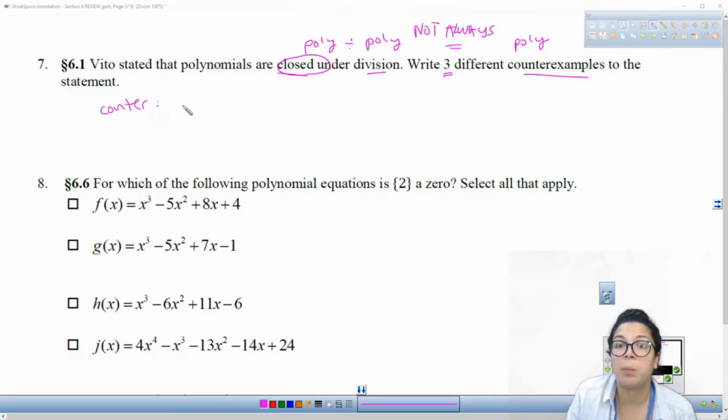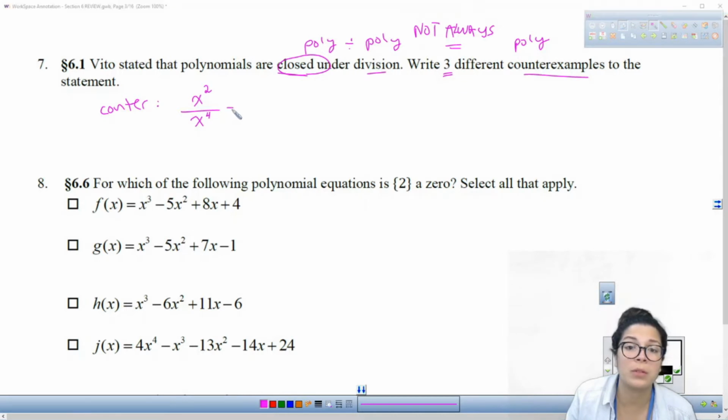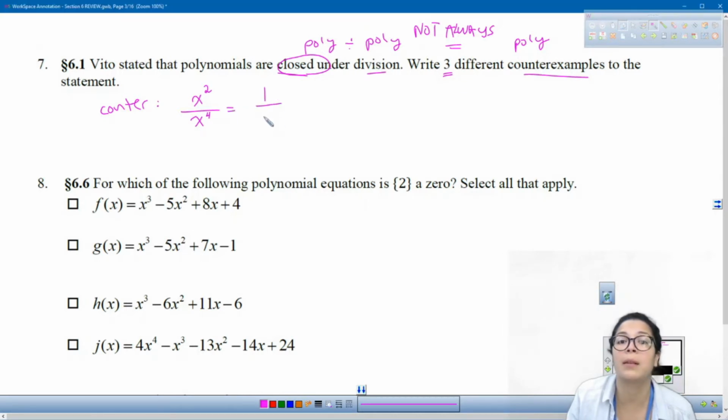Any polynomial that has a smaller degree in the numerator than the degree in the denominator will be a counterexample. Because this will show that once you simplify, you end up with more variables in the denominator, and you cannot have variables in the denominator. So there's one counterexample.